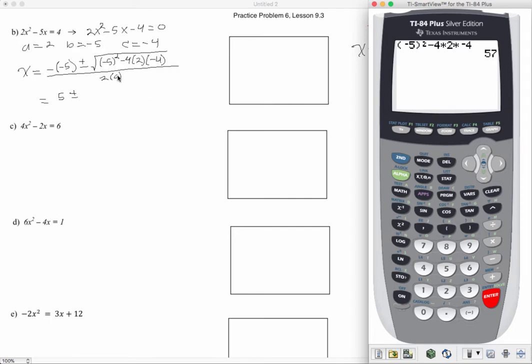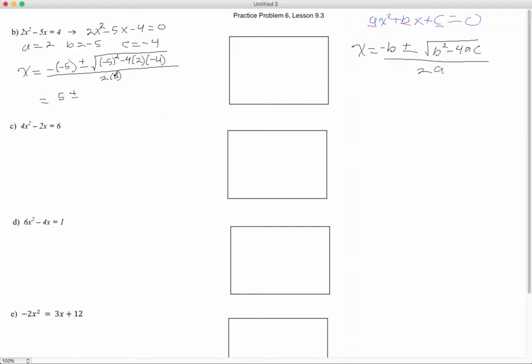This was also a 2 times 2 down here. I got an a, so let's make that into a 2, which gets me back a 4. So we get plus or minus the square root of 57 all over 4, okay?